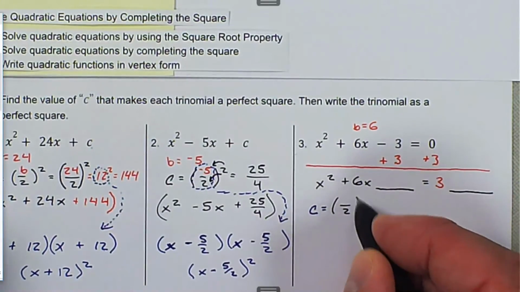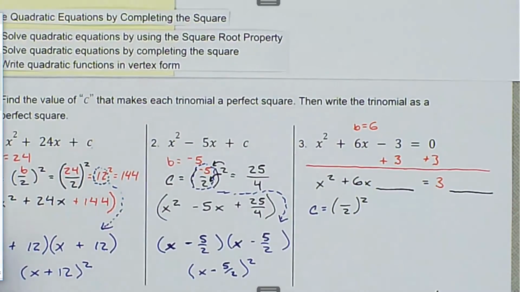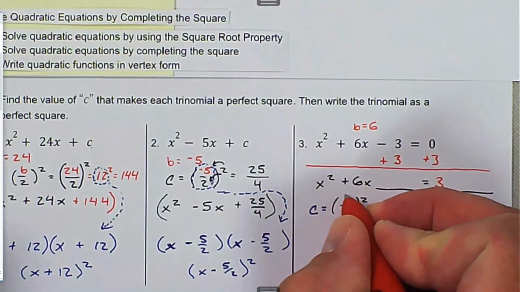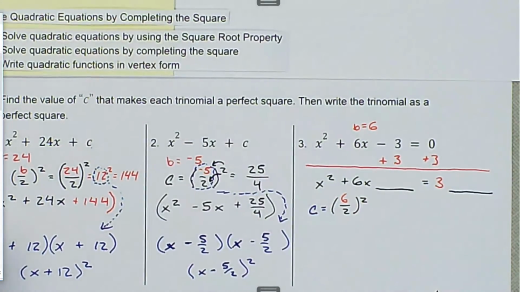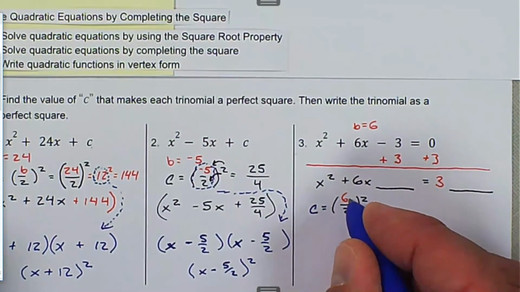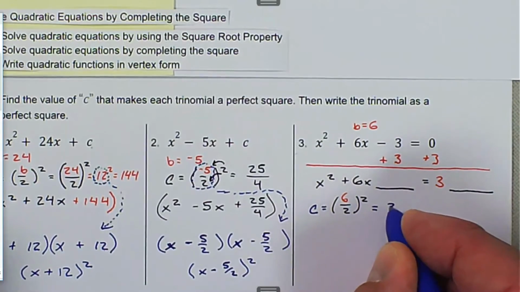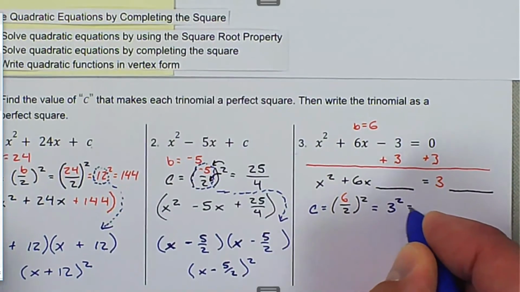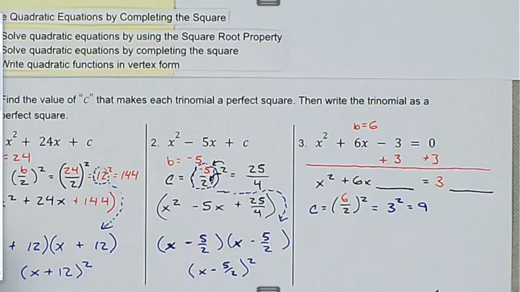We're still going to divide by 2, and we're still going to square. And we'll substitute in our b value. 6 divided by 2 is 3, and 3 squared is equal to 9.